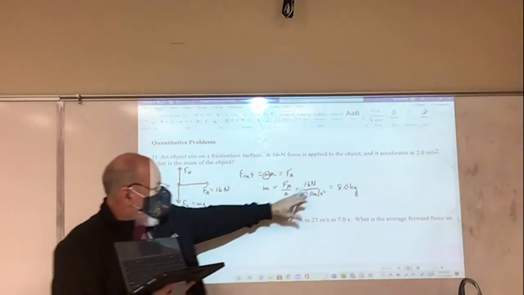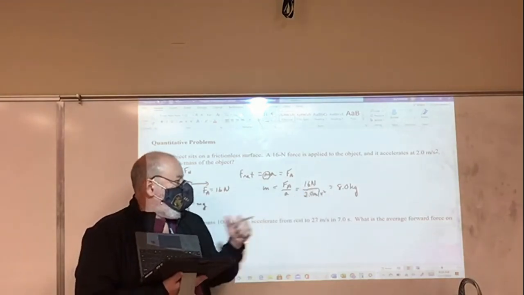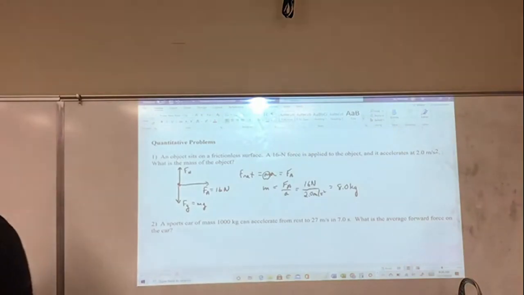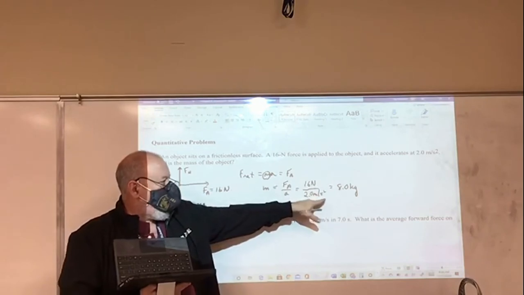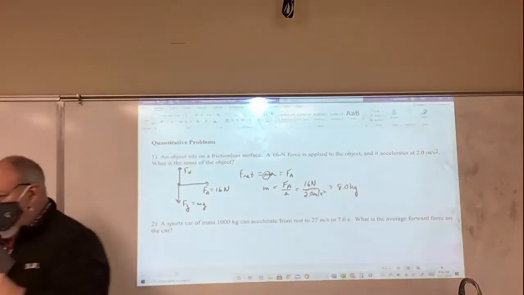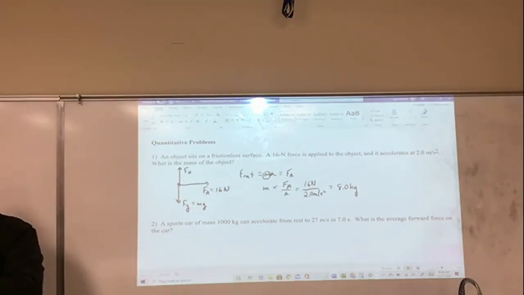Okay, now make sure you understand how these units work. Newtons divided by meters per second squared. There's no kilograms present in that symbol or in that symbol, so how in the world do I get kilograms as an answer? And you have to remember that newtons, since it's a force, and that equals mass times acceleration, the unit newtons is kilogram meters per second squared.